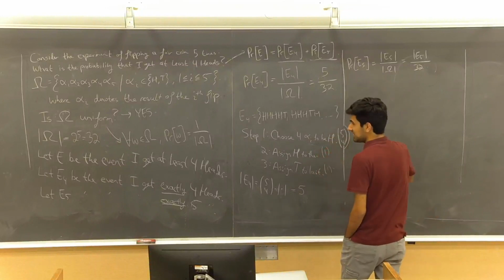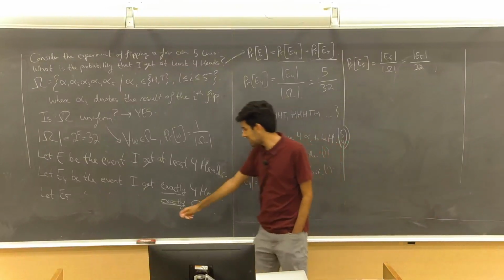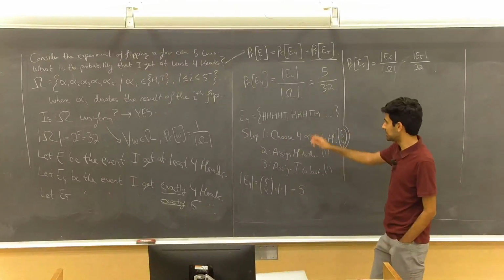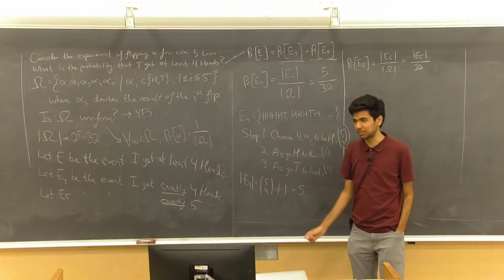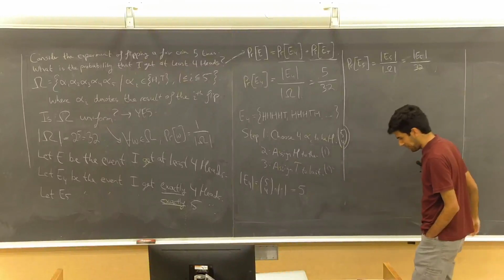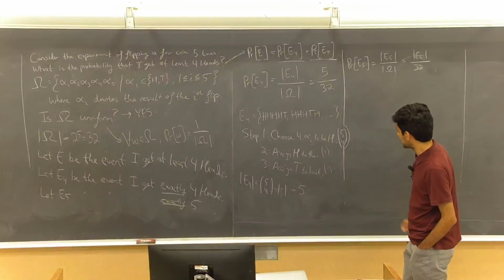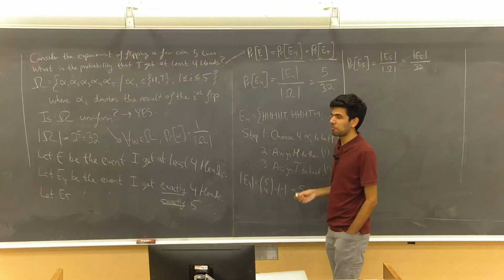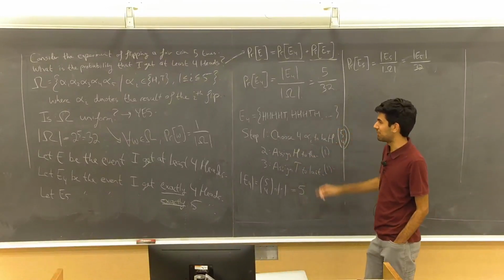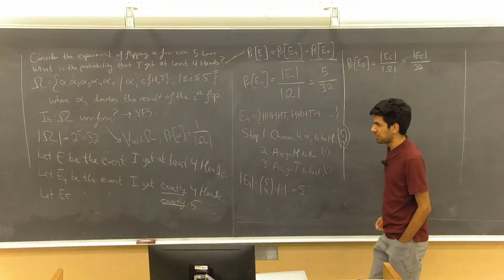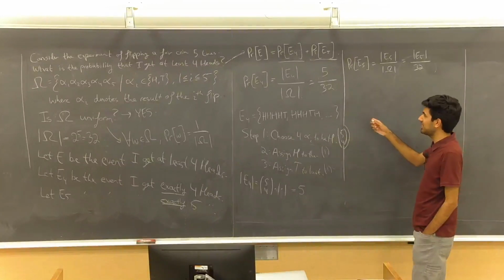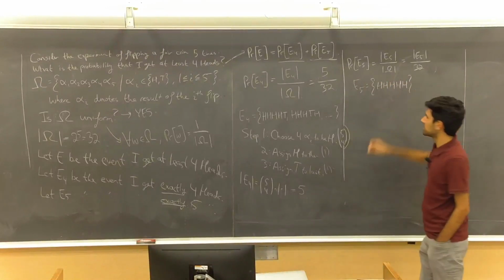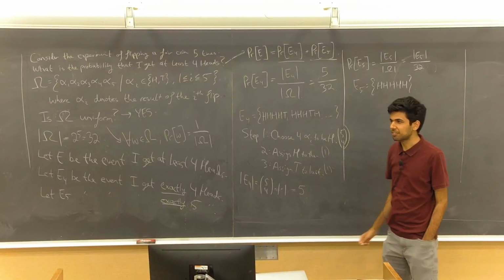Anyway, what is E5? E5 is the event that I get exactly 5 heads. So, similar to before, we will construct a counting procedure. No, we won't construct a counting procedure. Because as I was mentioning, writing out the elements of E4 might take a really long time, so it's best to construct a counting procedure. But if we were to write out the elements of E5, there's only one element in E5.